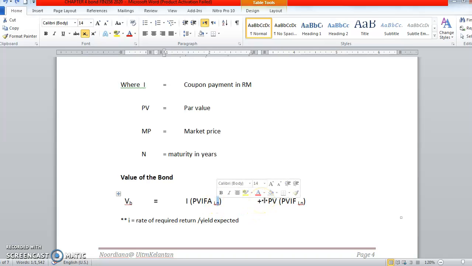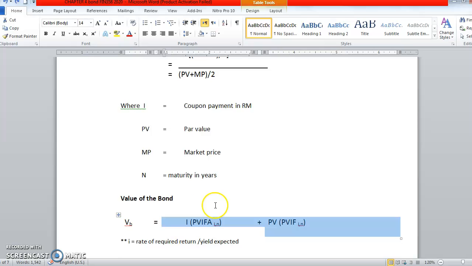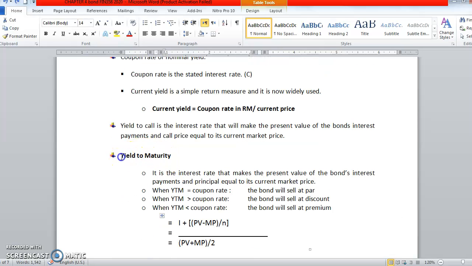Don't forget to plus PV par value and PVIF of I, N. I again referring to the required rate of return given in the questions normally, right? So, this is how you calculate valuation of the bond. So, you nanti akan dapat jawapan dia lah untuk value of the bond. But so far, mostly soalan yang keluar adalah YTM, right? Compared to the value.